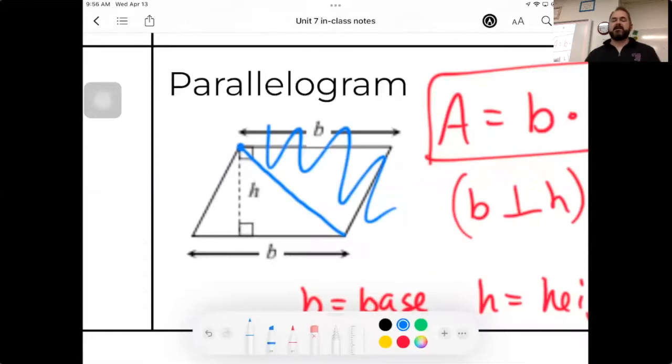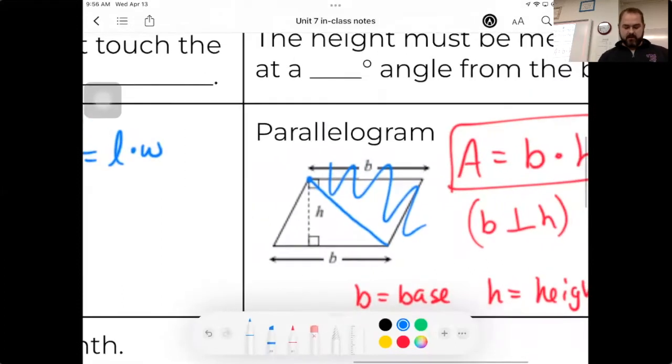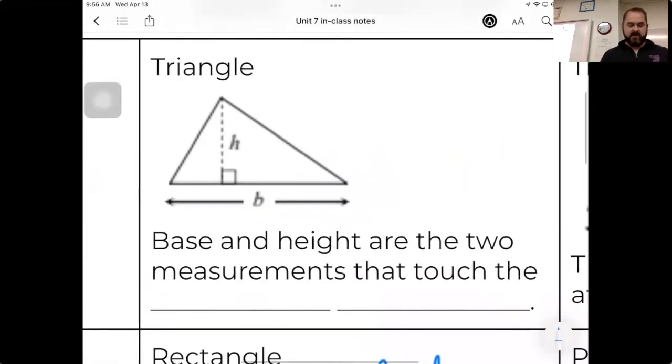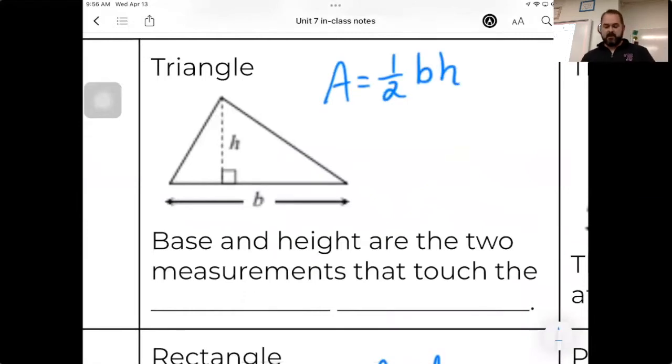Well, the area isn't going to be the same as just base times height because now I only have half of that parallelogram. So the area formula for a triangle that uses base and height is 1/2 base times height because it's half of the parallelogram that we originally had.